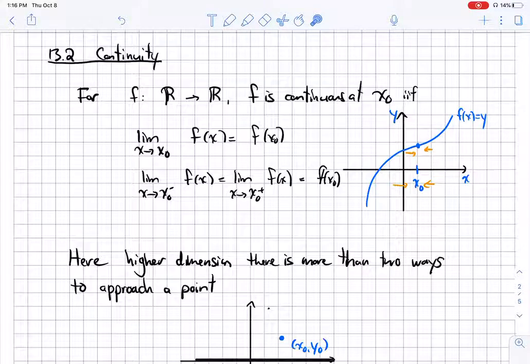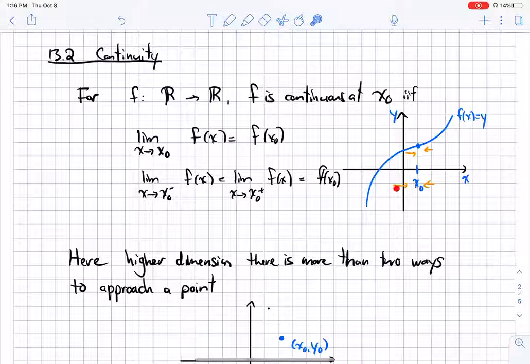Now we say that f is continuous at x0 if, when you approach x0, the limit is exactly f at the point x0. So my picture suggests that the function is continuous. Now the important point here is that this limit has two sides.